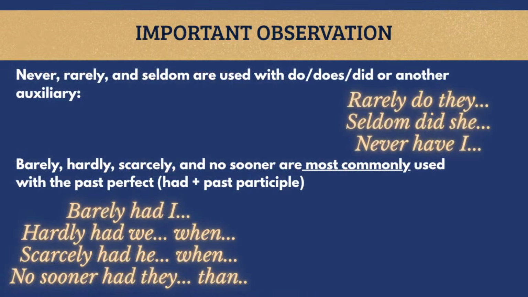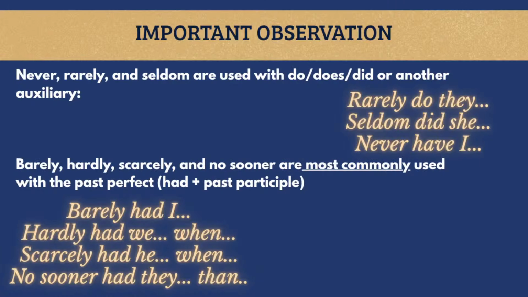Then. Nice. Important observation. Never, rarely, and seldom are usually used with do, does, did, or a few other auxiliary words, okay? Now, barely, hardly, scarcely, and no sooner are commonly used with past perfect. All the examples I showed with these guys were with past perfect.